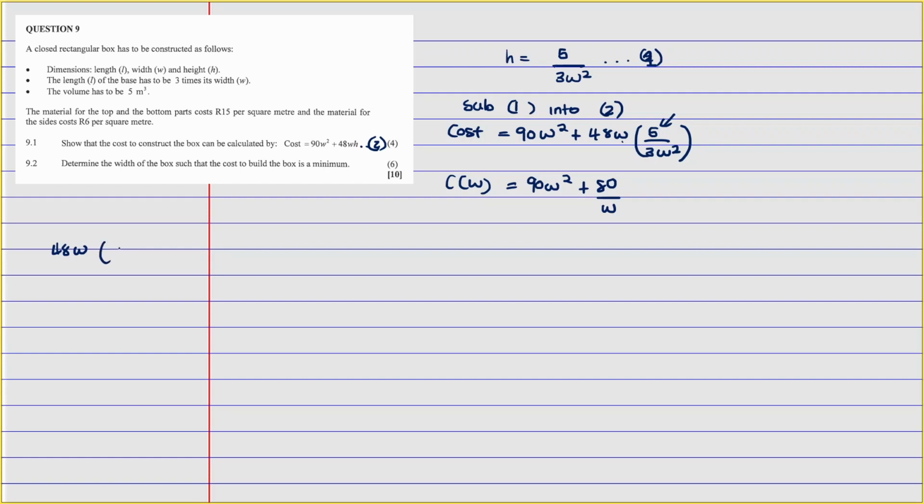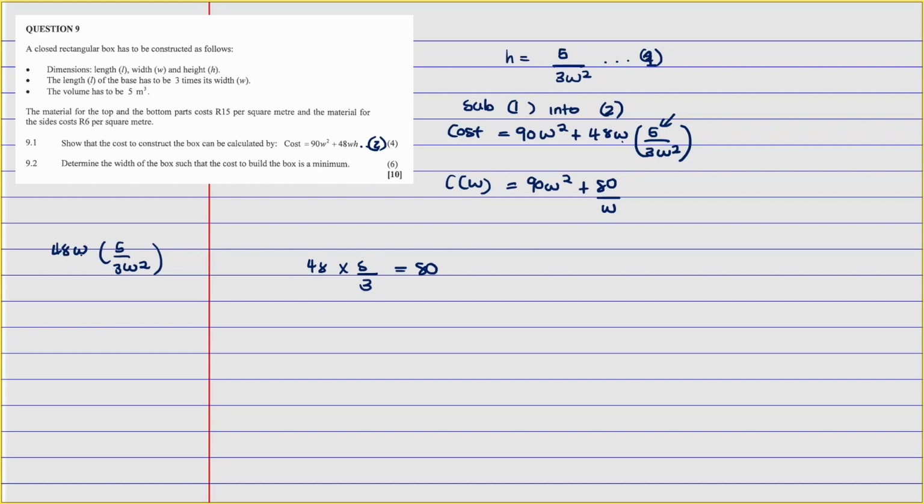And that is multiplied by 5 divided by 3w squared, right? So the first thing that I did, I multiplied the numbers. So I said 48, right, multiplied by 5 over 3. Punch that into the calculator, you're going to get 80. You can try it out right now. Are you okay with that? So that's where my 80 comes from, right?